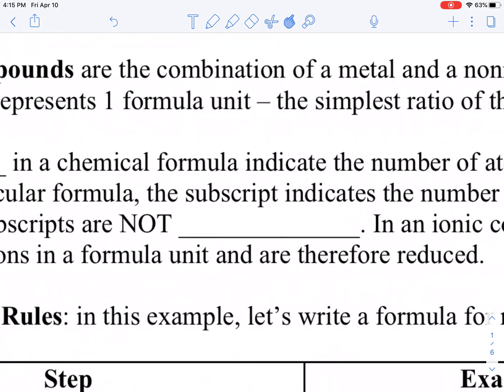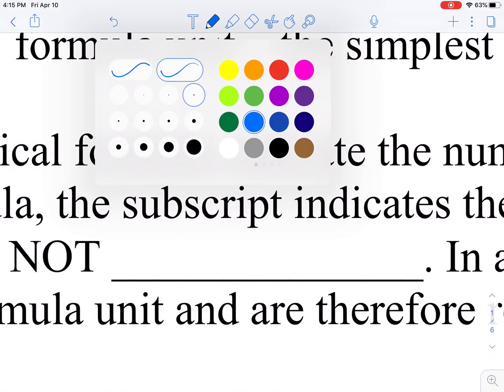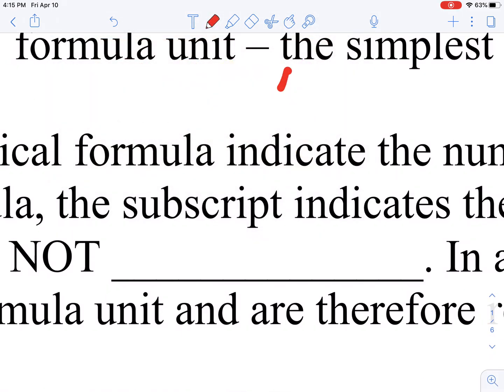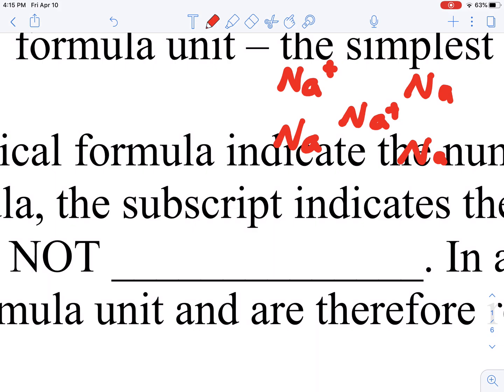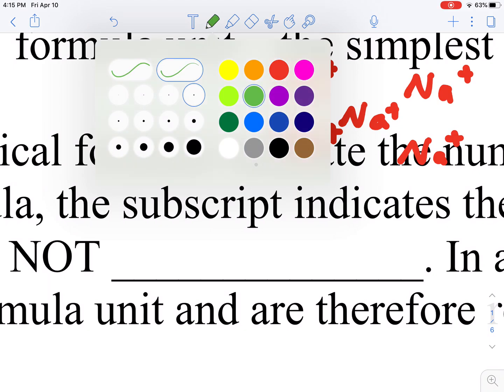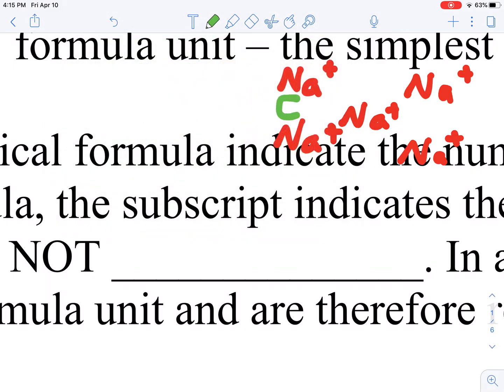But in an ionic compound, you might have a sodium ion here, and a sodium ion here, and a sodium ion here, and a sodium ion here, and I'm running out of room, right? But those all have a +1 charge. And then we might have interspersed in here our chloride ions.